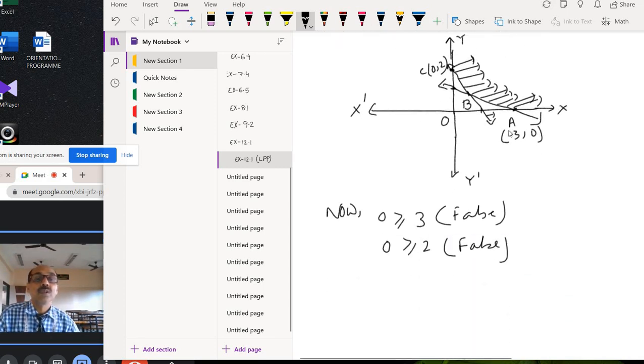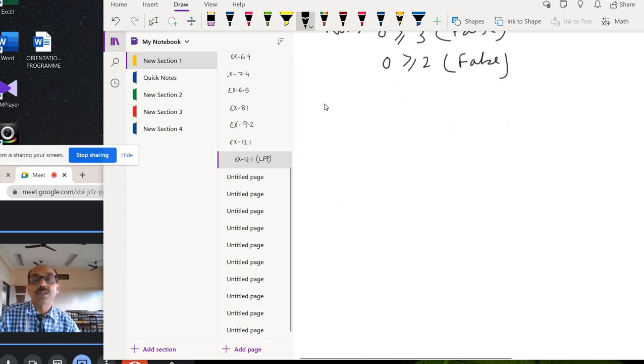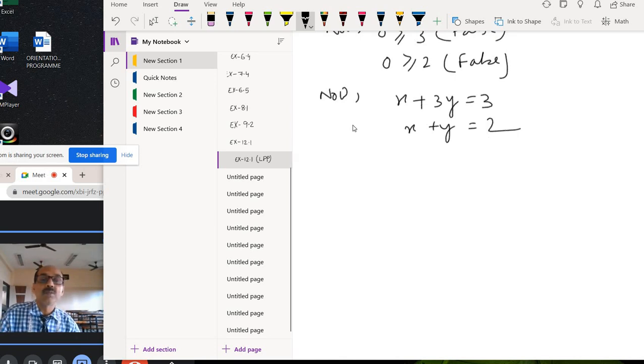Now solve these two equations and find the intersection point. So, x plus 3y equal to 3 and x plus y equal to 2. To solve this, subtract.